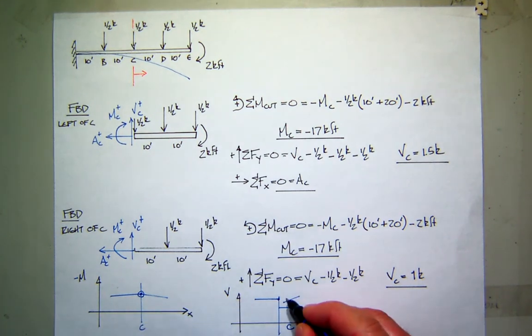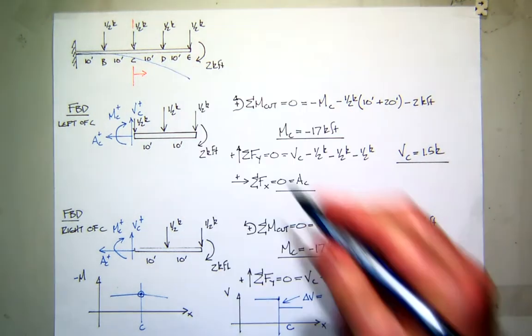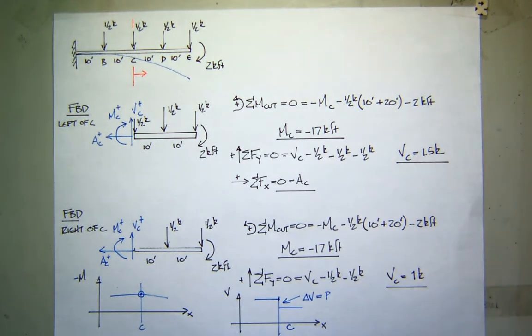So there's going to be a dramatic change in shear, an instantaneous change in shear. And what is that going to be exactly equal to? The value of the applied load, P.